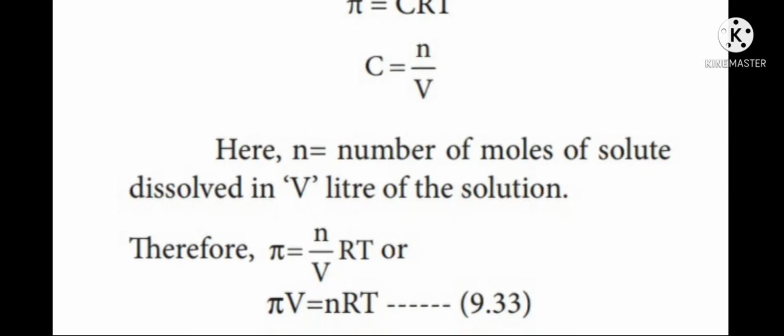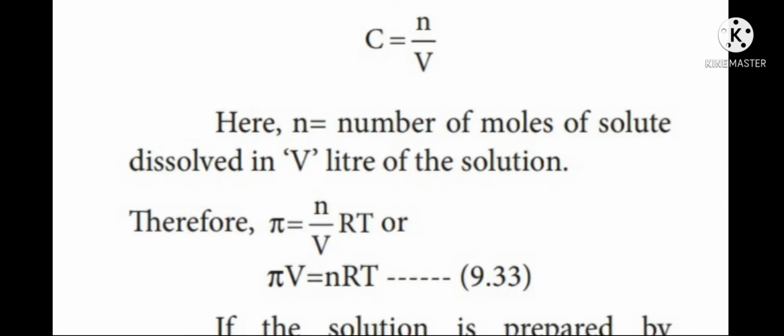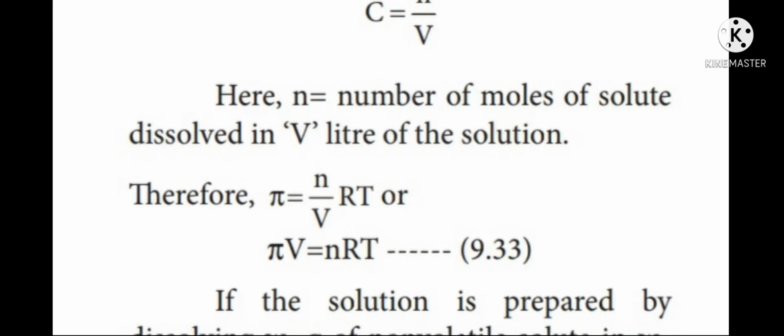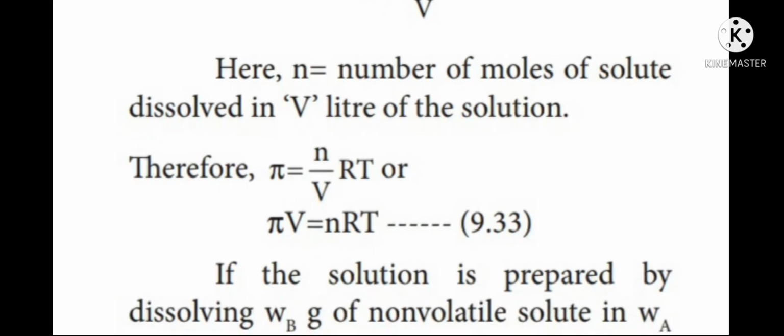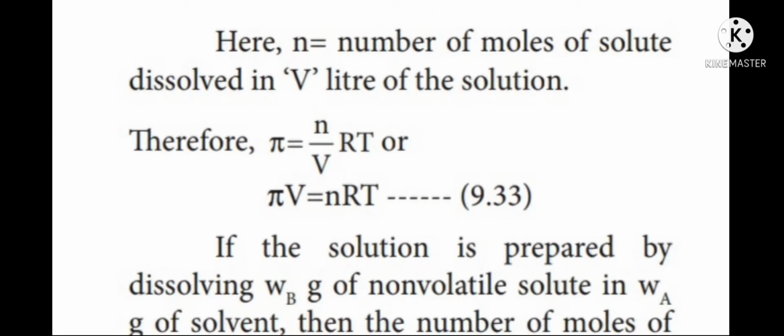Therefore, pi equals n divided by V into RT. The above equation is rearranged into pi V equals nRT. It is given by equation 9.33.